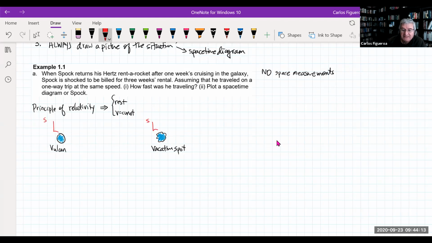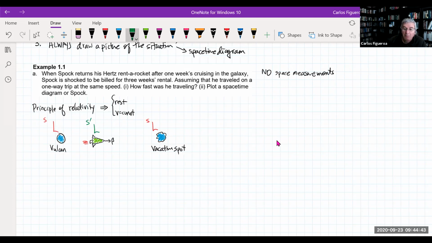So if they're in the same frame of reference, then when I think about Spock and the rocket, what I'm really imagining is that I have my rocket, right? And as it's moving, of course, the rocket is moving relative to the Earth. So Spock is in this guy here, and we typically call this the prime frame.